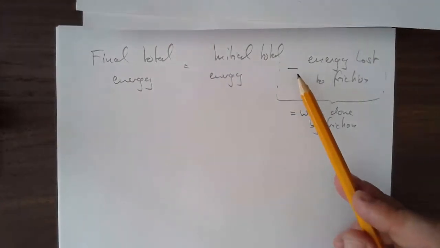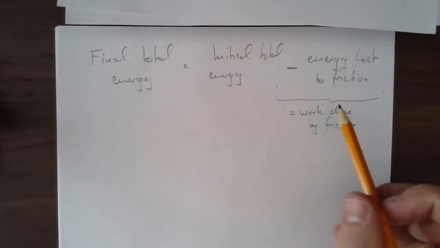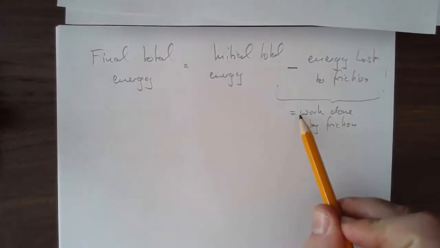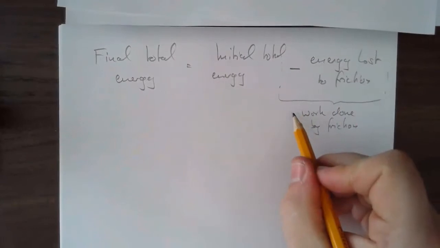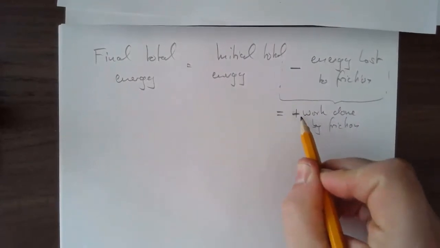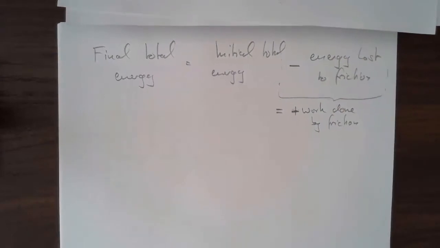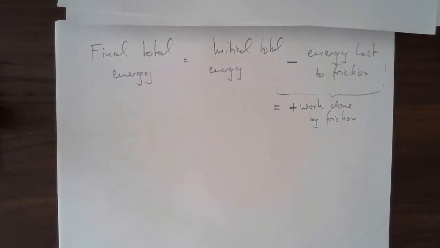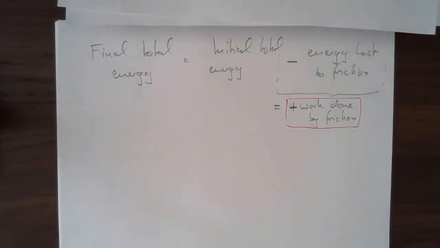I know it's negative, and indeed it is negative here, but it's only one minus sign in total. You could write plus equals plus the work done by friction, but this is a negative quantity like we just figured out. This is the value in red from above.